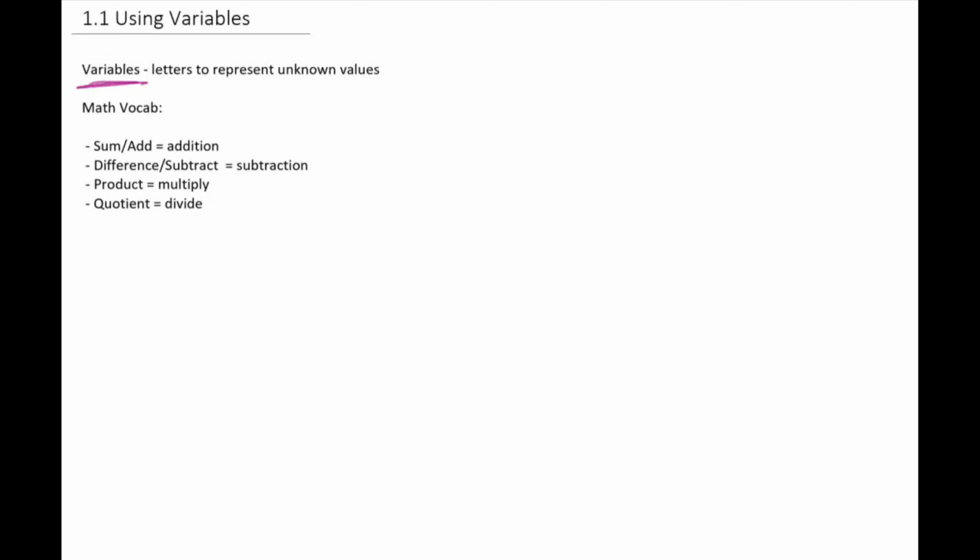Okay, so in this first section, we're just talking about using and manipulating variables a bit. Just to remind you, mathematics has its own vocab, and it would be important for you guys to write this down in your notes for good reference. When you see the words like add or sum, we need to translate that and know that mathematically we need to do addition.